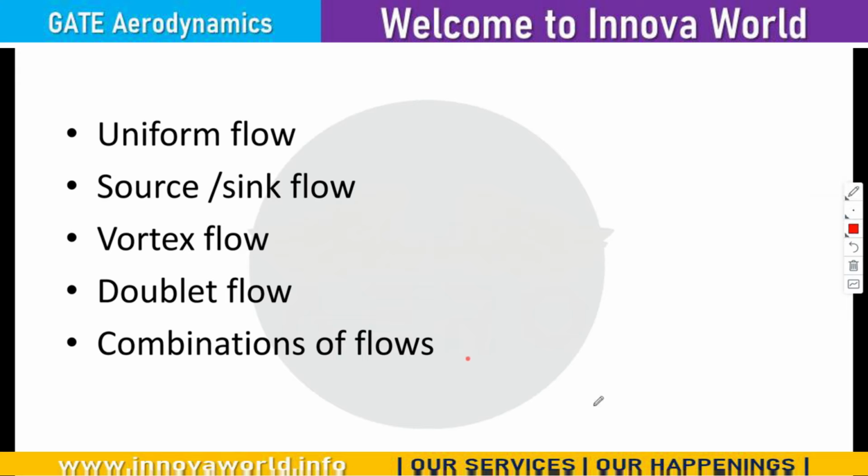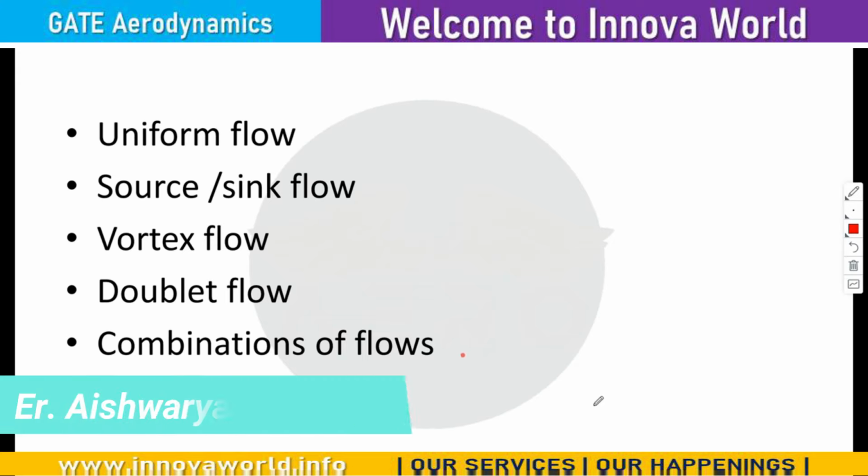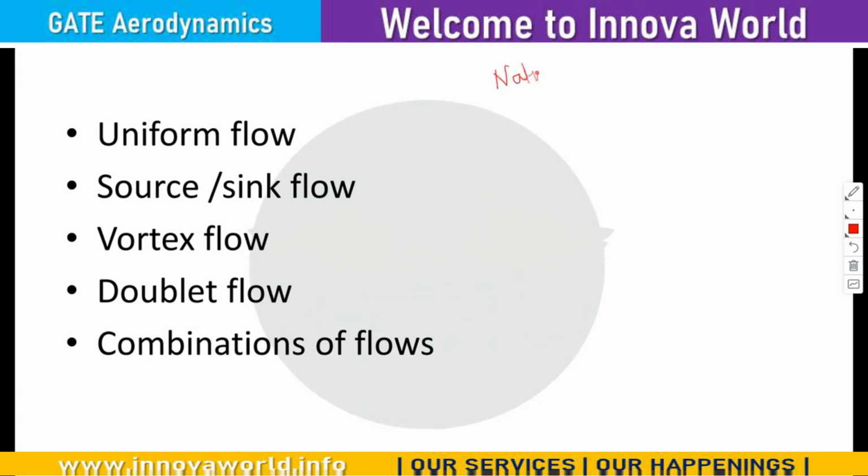Now these are the basic types of the potential flow. Here what we are going to do is first see the nature of these flows.